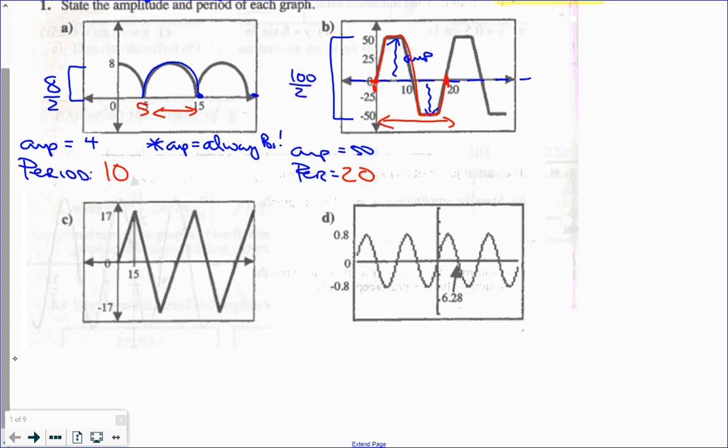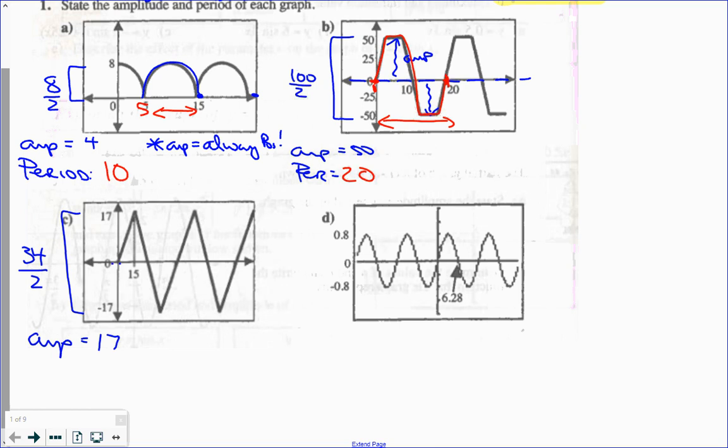Okay. So for the next one, again, if you want to do the total height, this goes from 17 to -17. So the total height is 34. So if you divide that in half, you get 17.